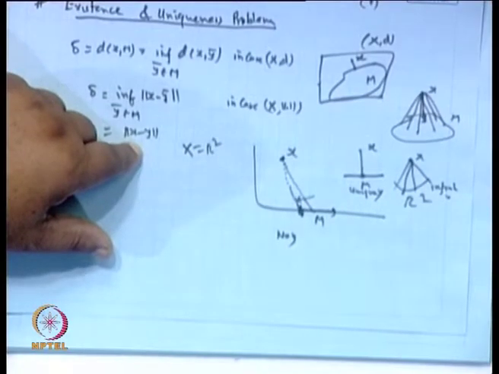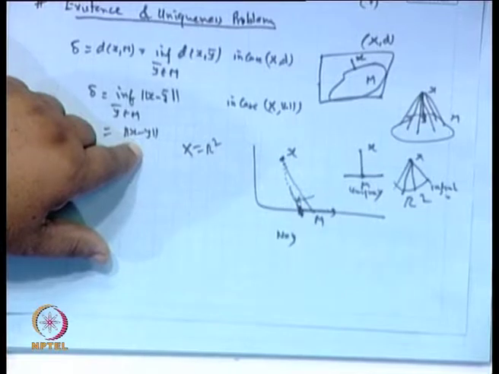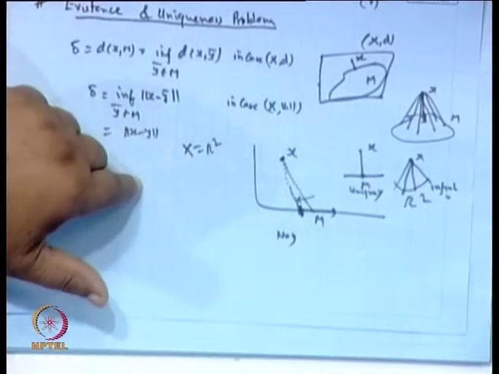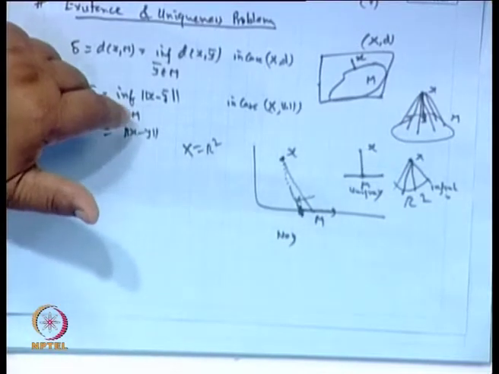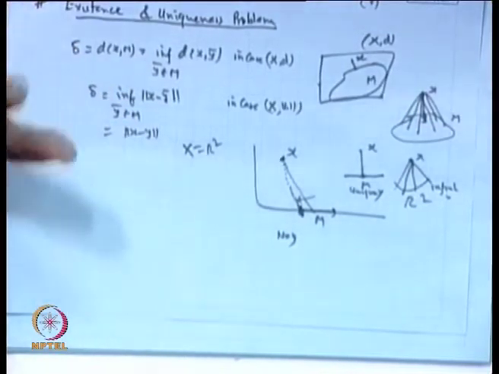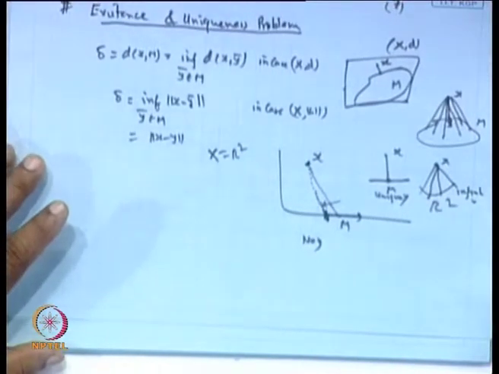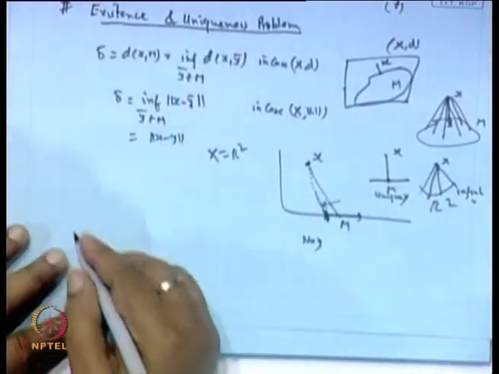So that is why this uniqueness and existence problem has importance, and inner product space or Hilbert space is widely used for this purpose. Clear? So, using this we require two concepts.